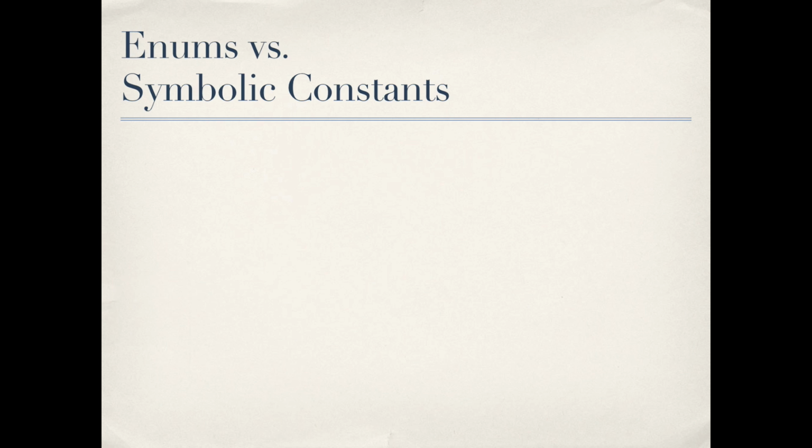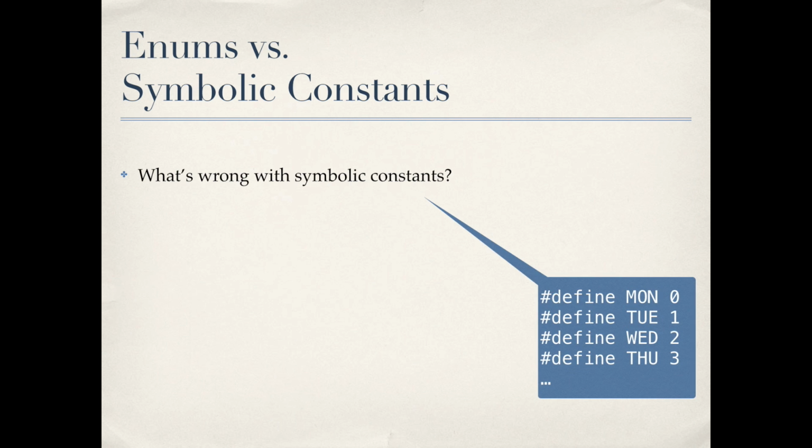And yeah, there is one final question left, maybe, because you already know symbolic constants, and you could say, okay, what is wrong with that? If I write down define Monday 0, Tuesday is 1, etc., I could use these labels, and I could do pretty similar things, or the same things as with enums. So why on earth should we have a new concept with that?